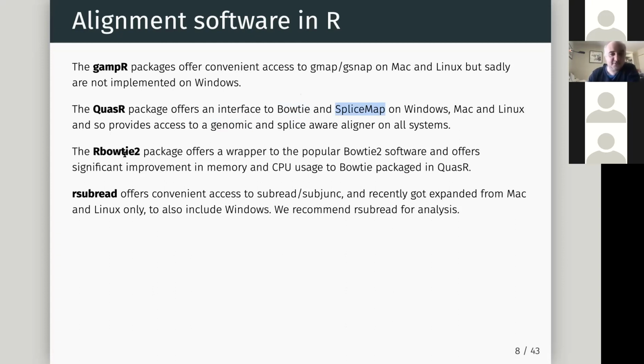Rbowtie2, again wrapping up the Bowtie 2 software, offers, I think it's right here, significant improvement in memory and CPU usage compared to Bowtie 2 wrapped in QuasR.